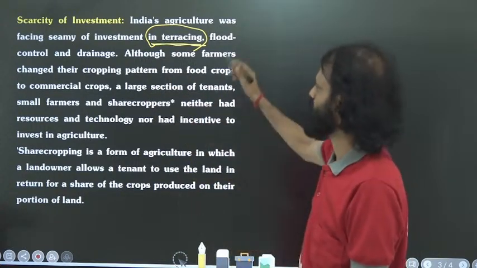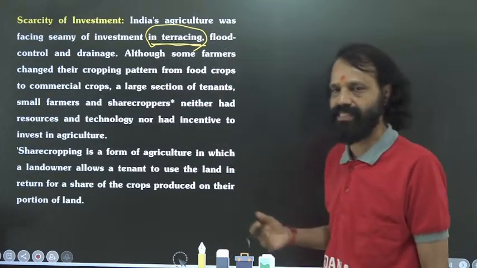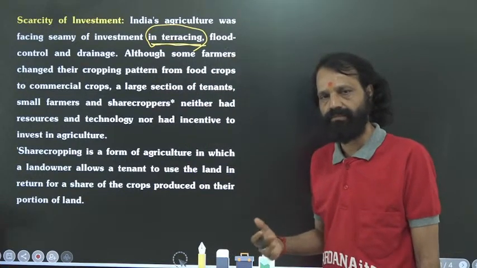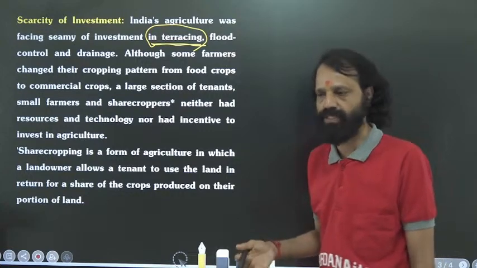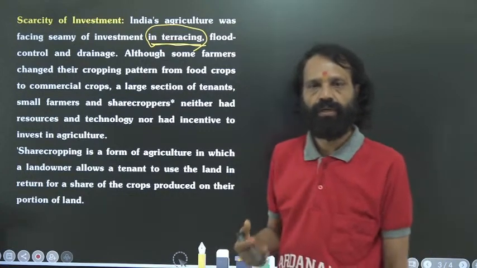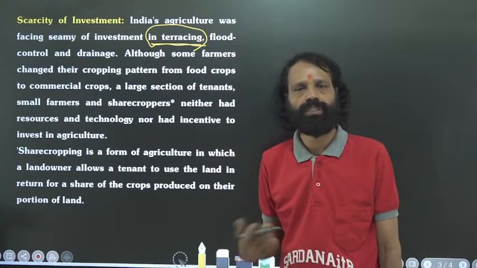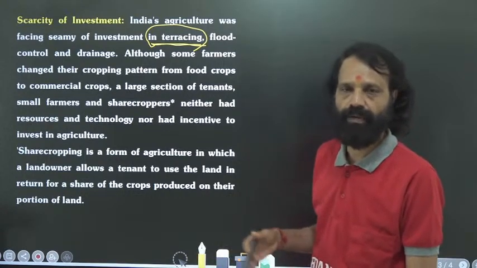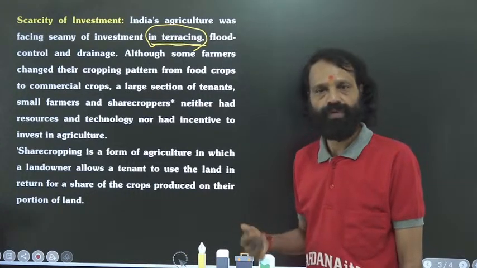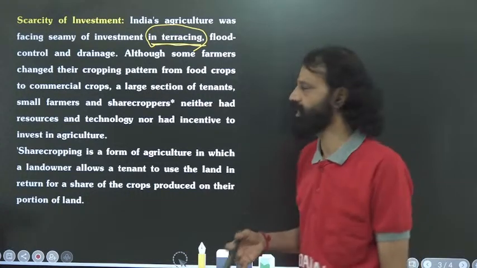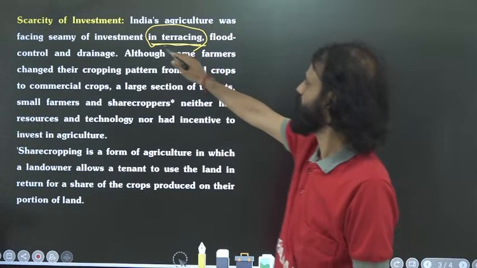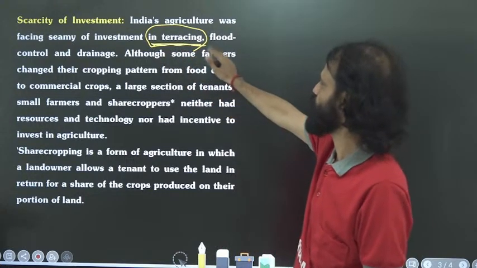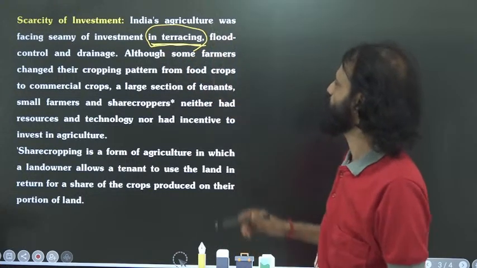In that area there needs to be a special skill for cultivation, especially in South India where hilly regions are there, and in the northeast area there are so many hills. There also people do farming. They need special skill, but the government didn't promote such education on how to do cultivation on terraced areas.